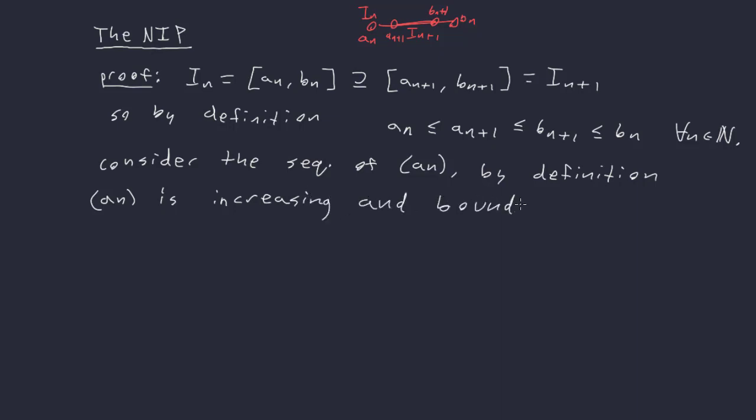It's bounded, well, every one of them is bounded by b sub 1, since all the a_n's are less than all the b_n's, which are all less than b_1. So a_n is increasing and bounded. Therefore, by the monotone convergence theorem, a_n converges.